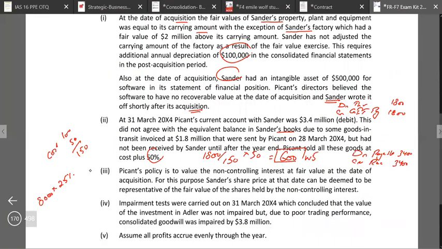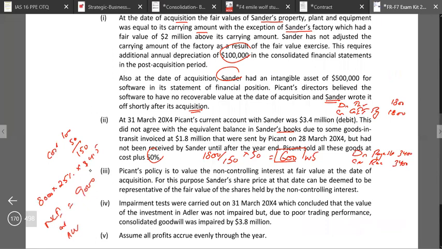So 8,000 is the total number of shares. 25% belongs to NCI, so the number of shares belonging to NCI is 2,000. When you multiply it by 4.5, it gives you the worth of the NCI at acquisition, which is 9,000.